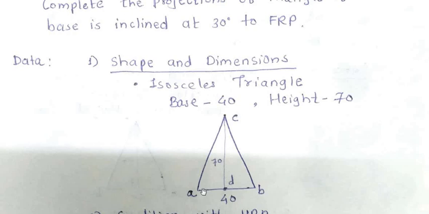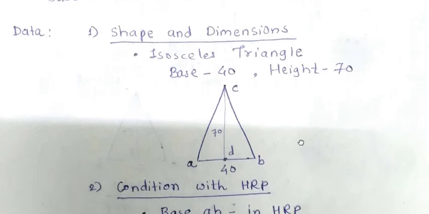Additionally, we usually draw a rough drawing of the shape also, and we nomenclature that rough drawing. It helps in further step of completing conditions with HRP and FRP. So in this case, we have drawn isosceles triangle ABC with base 40 mm and height 70 mm.